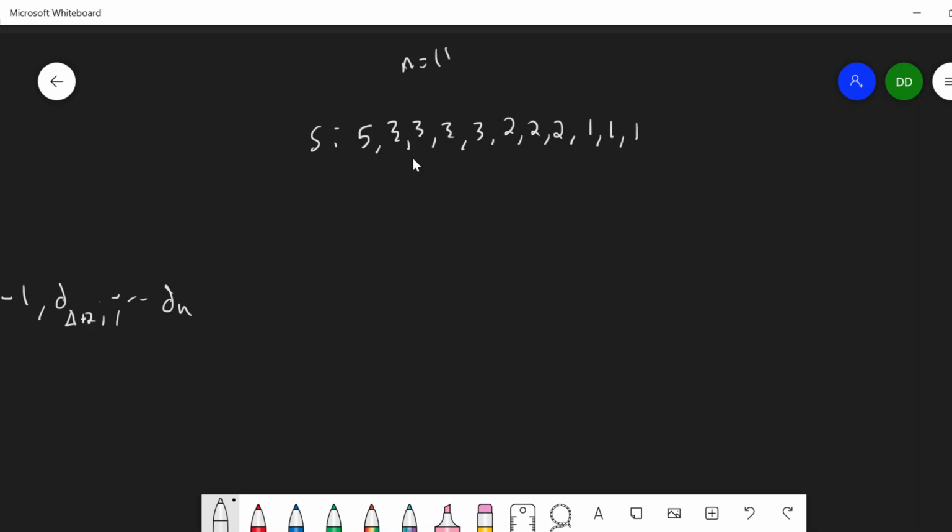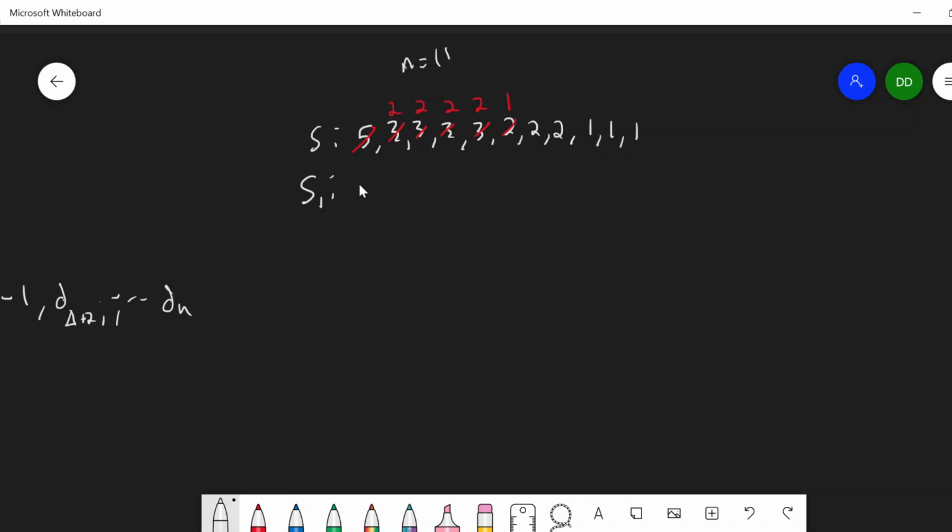So how do we know if this sequence is graphical or not? Well, what we do is we form the sequence S1 by removing 5 and decreasing each of the next 5 by 1. So it'll be 2, 2, 2, 2, 1.